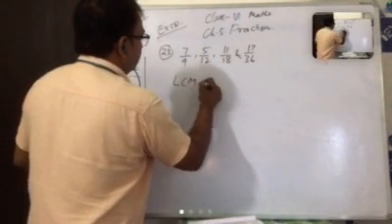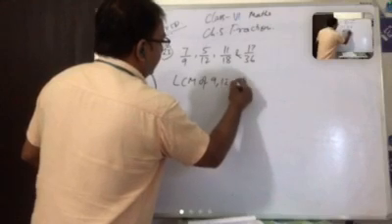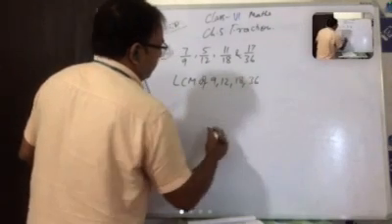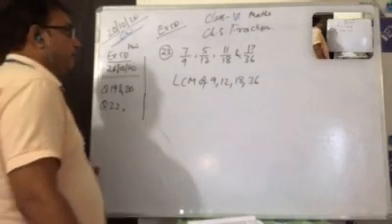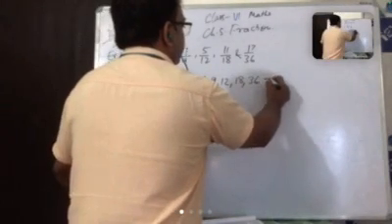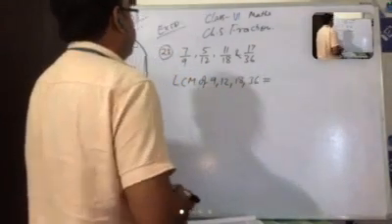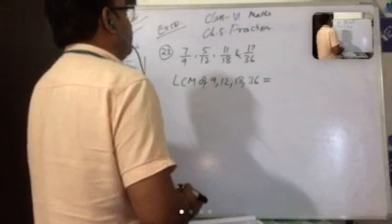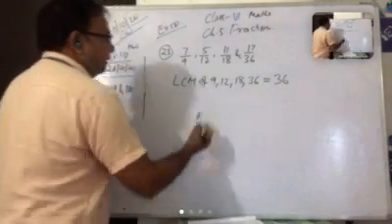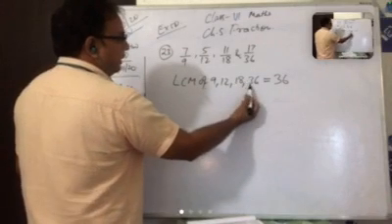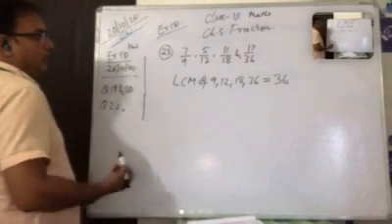Anyone tell me what is the LCM of 9, 12, 18, 36 without any calculation? Is it possible with anyone? Very nice. Yes, bolo. Good. So 36, because 9 fours are 36, 12 threes are 36, and 18 twos are 36.